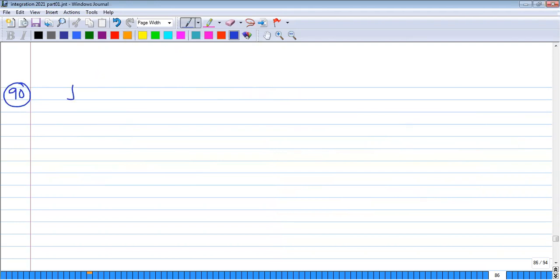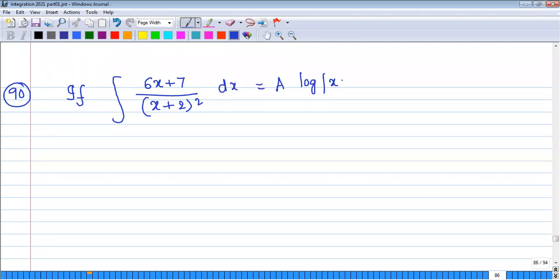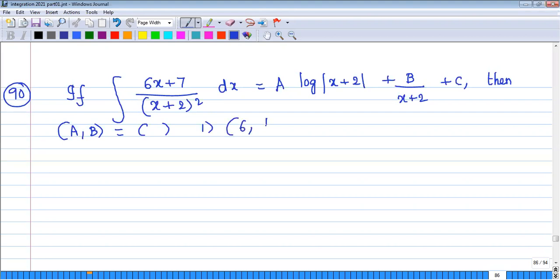So now if the integral of the integral part of 6x plus 7 upon x plus 2 whole square dx equals a times log of mod x plus 2 plus b upon x plus 2 plus c, then a comma b equals to: first option 6 comma 1 upon 5.